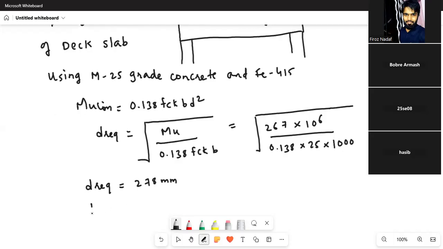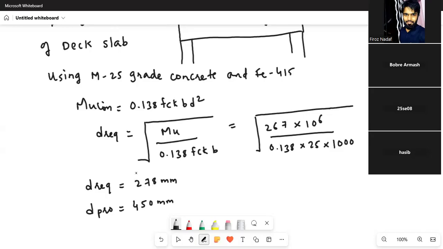And what effective depth have you provided? The provided effective depth is 450 mm. Now you can say that whatever depth we have provided, it is safe against the strength. It is safe against the bending moment.